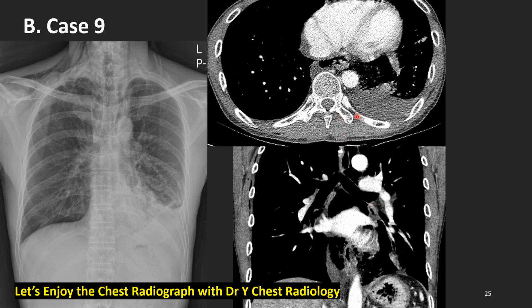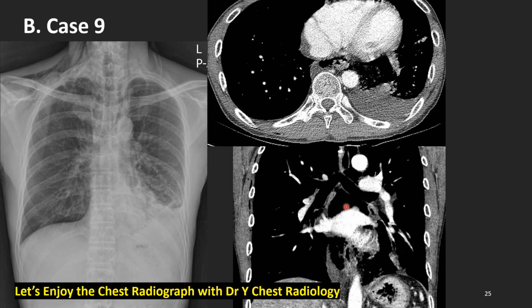On this axial and coronal contrast CT, we see the distal esophageal tear with the dirty pleural fluid here, maybe food contents, blood, or pleural effusion. On this left side, the distal esophageal wall is not intact, and there are fluid, dirty fluid, and pneumomediastinum here.